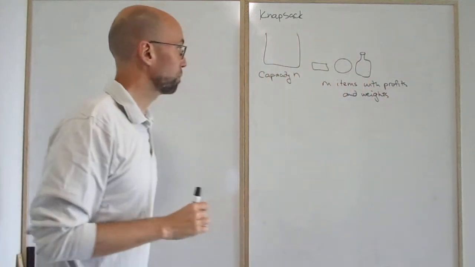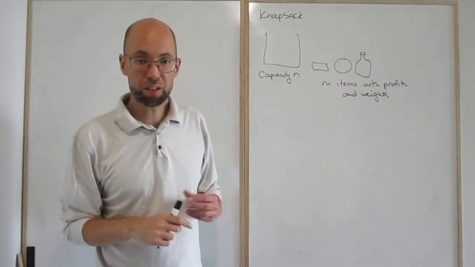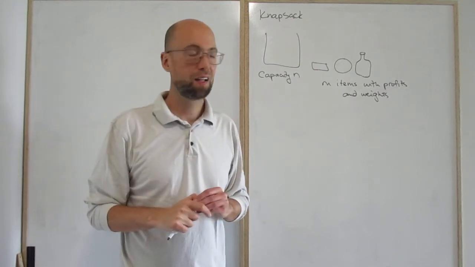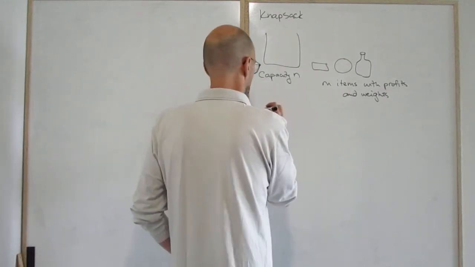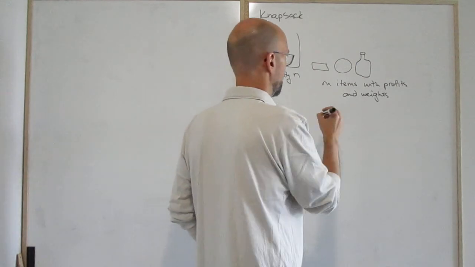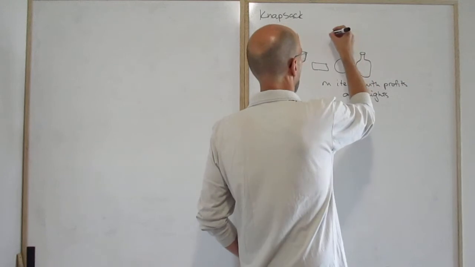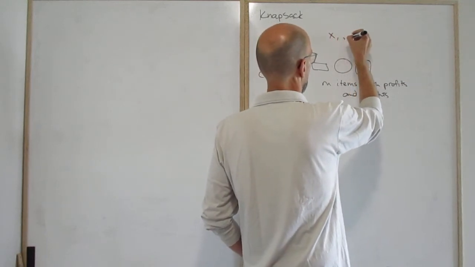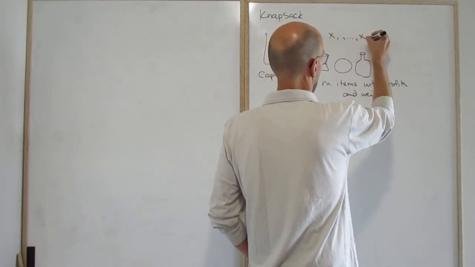So now, what are we going to do? We're going to do a matrix. So we want A_ij, let's say that these items are x1 to xm.